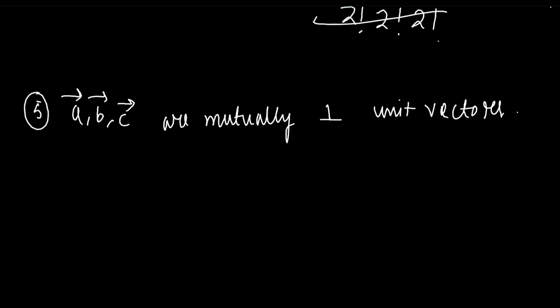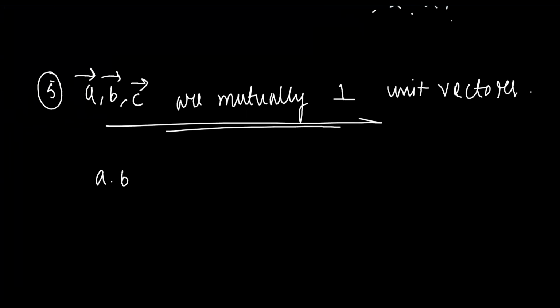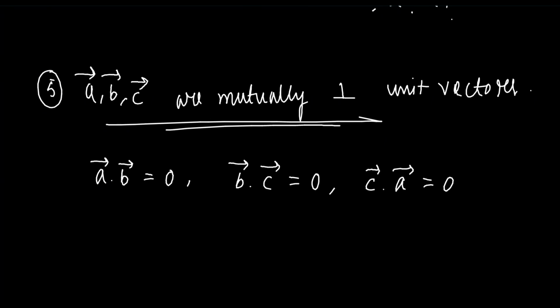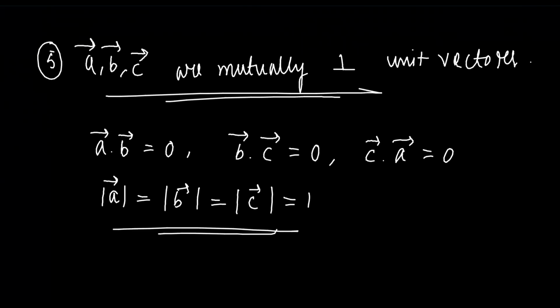From this we can very well understand that a dot b will be 0, obviously, since they are mutually perpendicular. c dot a will also be 0. Now as they are unit vectors, the magnitude of a equals the magnitude of b equals the magnitude of c, which is equal to 1.